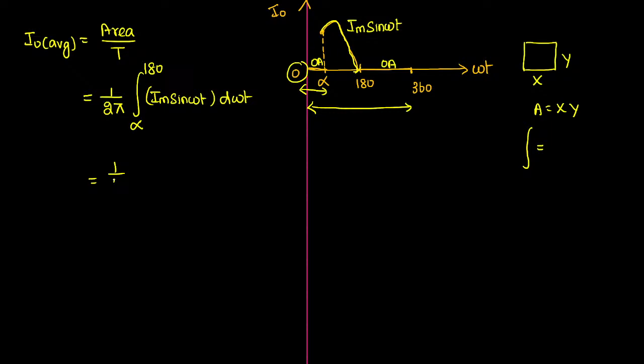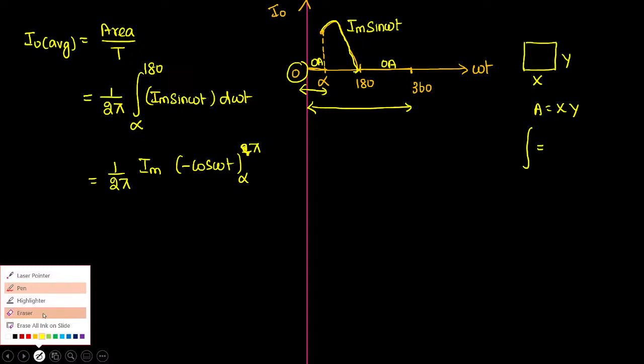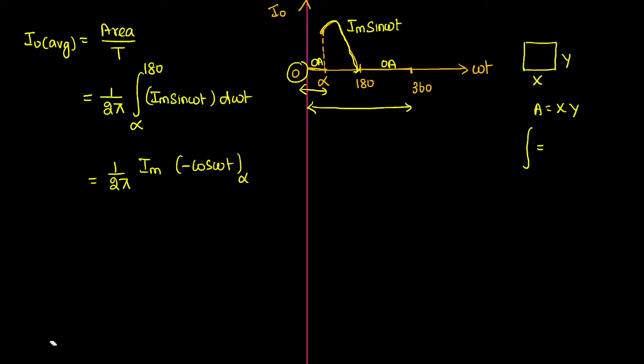Now you can reduce this. This will be 1 by 2 pi, Im you can take out. Sin omega t, if you integrate, will give you minus cos omega t, from alpha to 180. I am keeping 180, meaning simply pi or 180. You can keep anything, anyway you will get the answer.